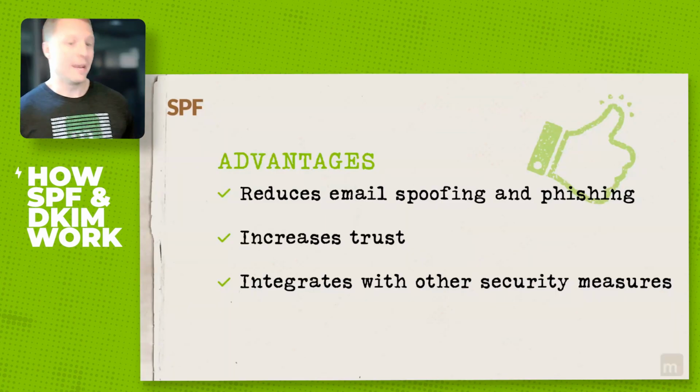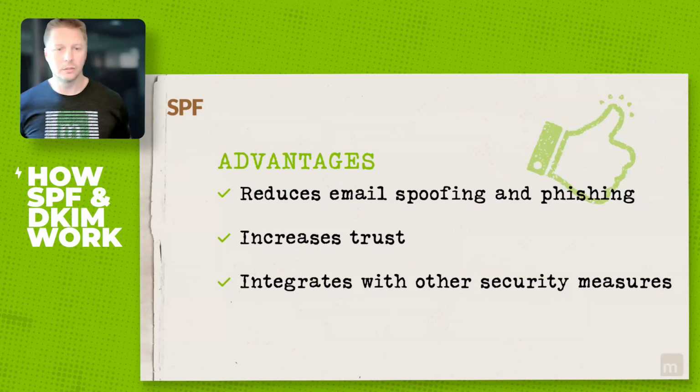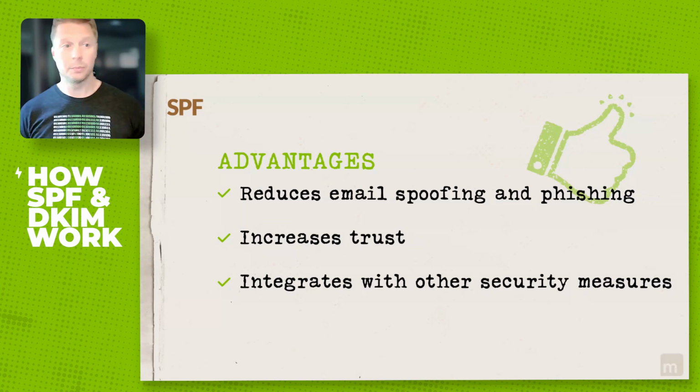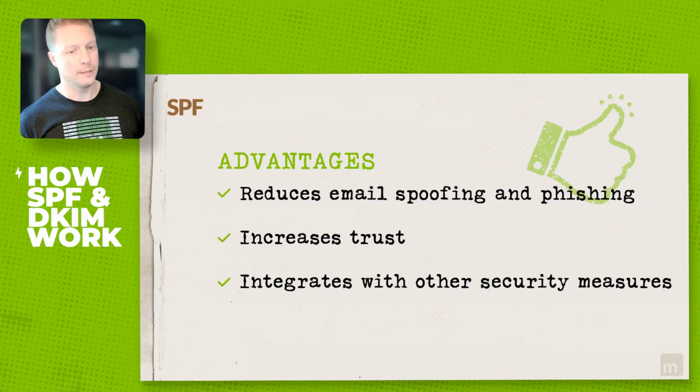So what are the advantages there? Number one, you're authorizing IP addresses. So it does remove some of the problems around spoofing and phishing, or at least the most obvious stuff, because it prevents somebody from just standing up a server in their closet or in a virtual environment and starting to send emails from a domain without it actually being authenticated.